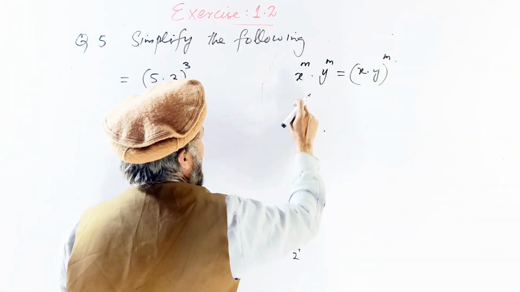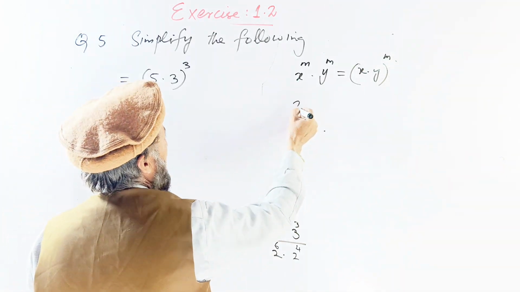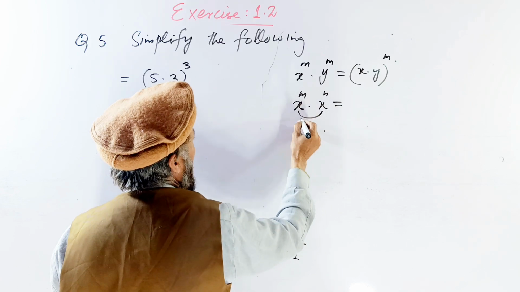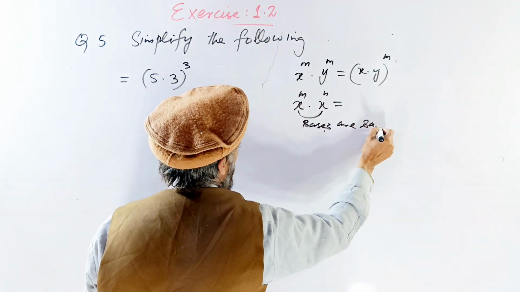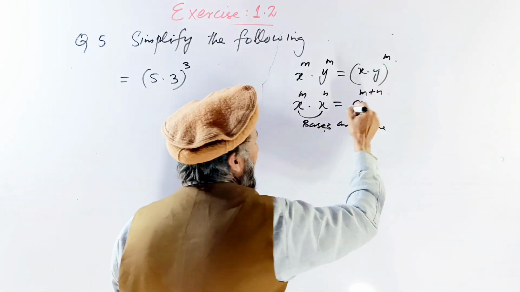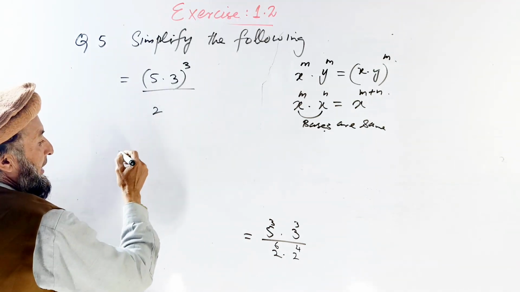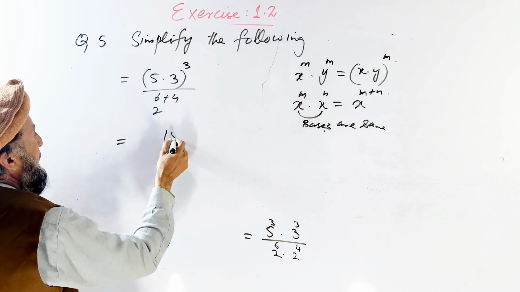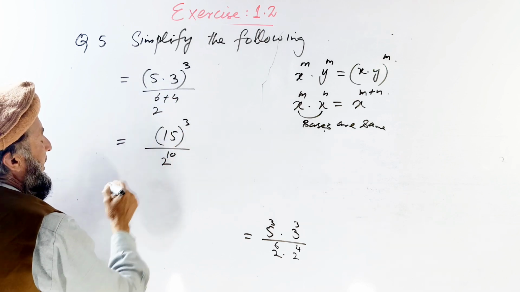But here the bases are same, so we add the powers, x power m plus n. We have already discussed this in the previous question. Divided by 2 power 6 plus 4. Next we can write this will be 15 power 3 divided by 2 power 10.